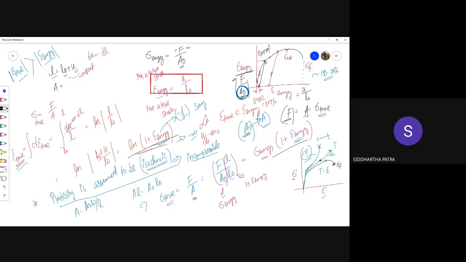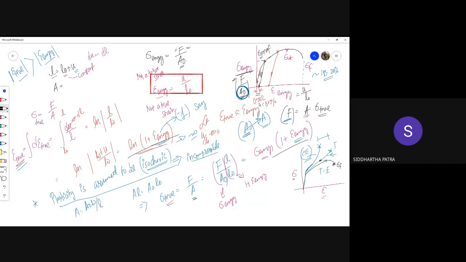If I were to unload from sigma proof, instead of going all the way up to sigma f, as soon as I reach sigma proof, after unloading I would have this much plastic strain. Now this obviously has a non-zero plastic strain, so this stress is slightly higher than the yield stress.